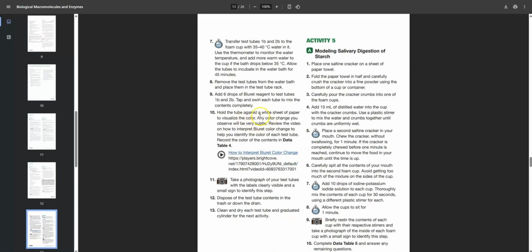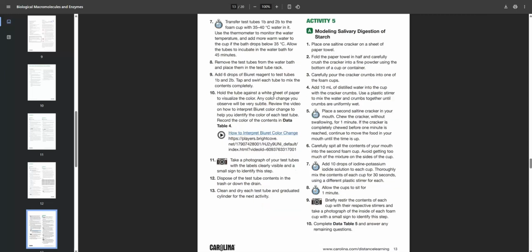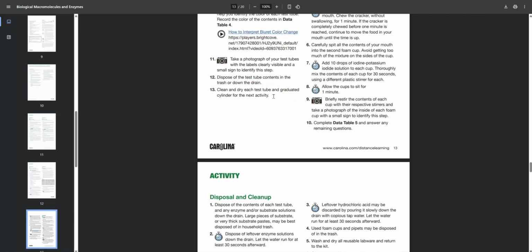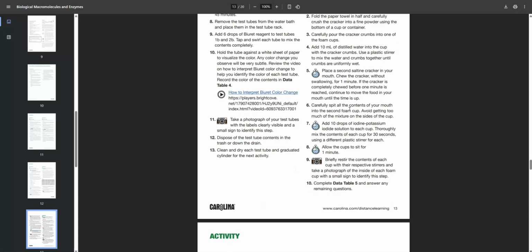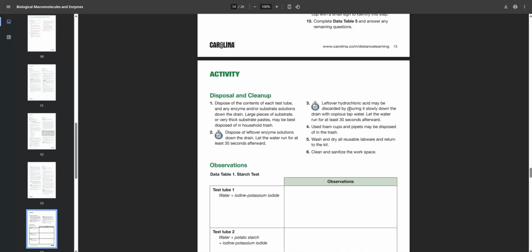So make sure that you look over these procedures really well and understand what should be happening and what you can expect. Then in activity 5, you're looking at how long it takes to digest starch by putting the cracker in your mouth and seeing how long it takes to dissolve, and also with water.